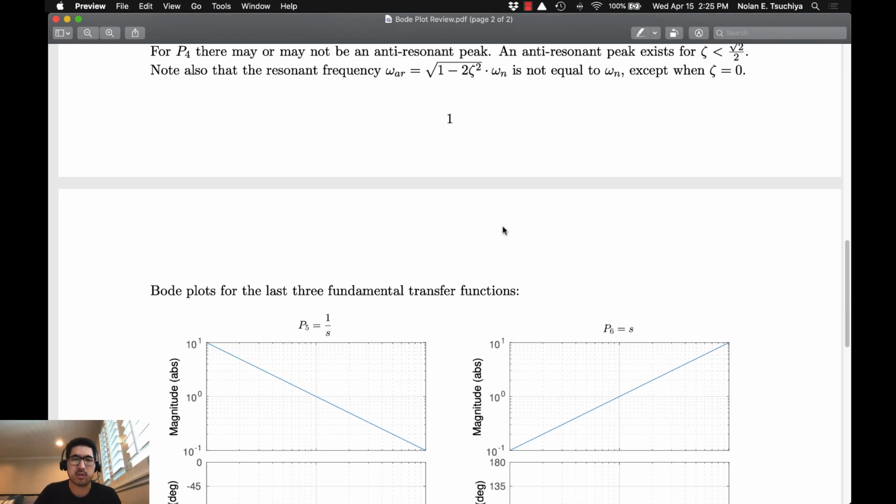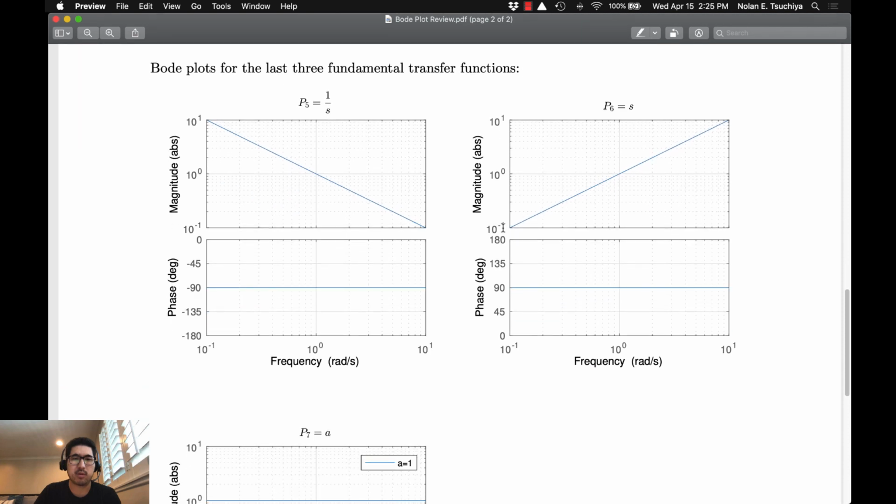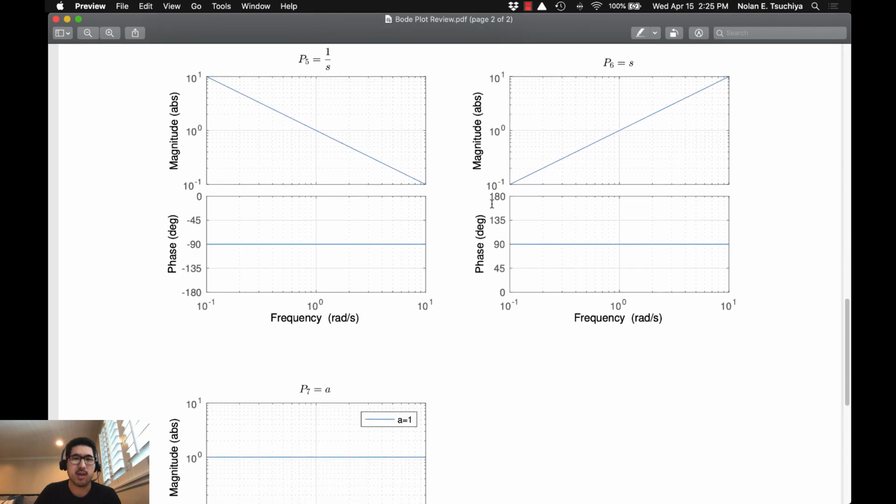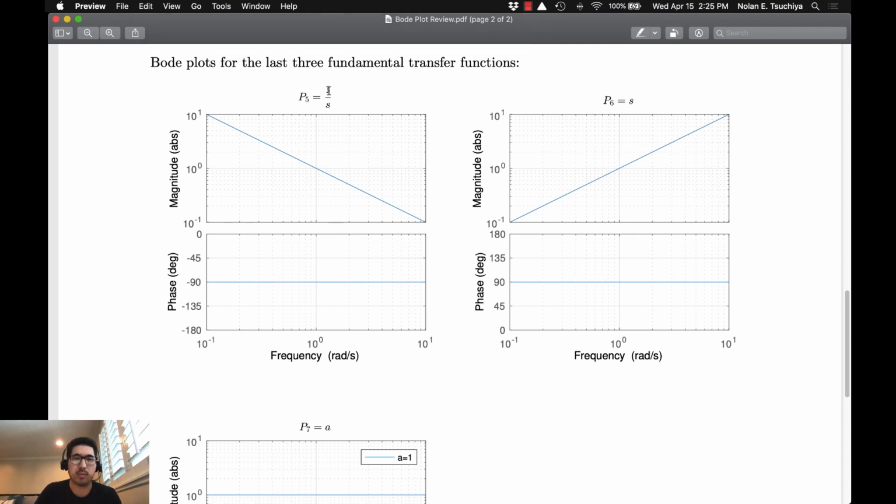And then, of course, there's these three special transfer functions, and the way that a program like MATLAB would indicate the Bode plot for, say, P5 is it actually does intersect that line with the vertical axis, which I somewhat disagree with, because this is a log-log scale.